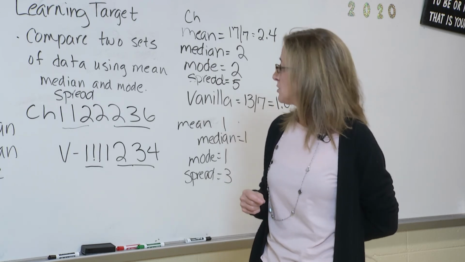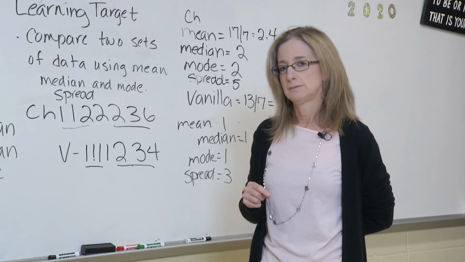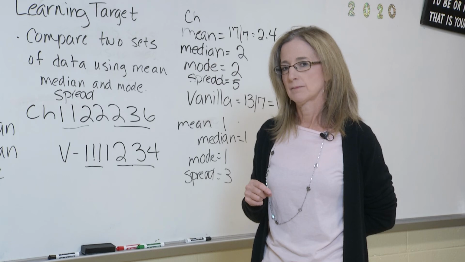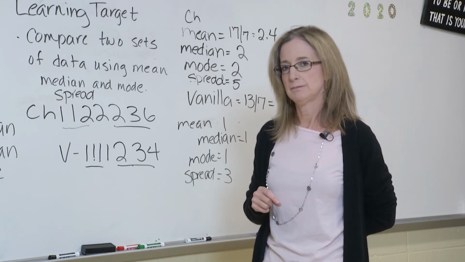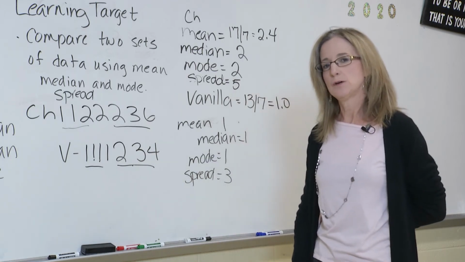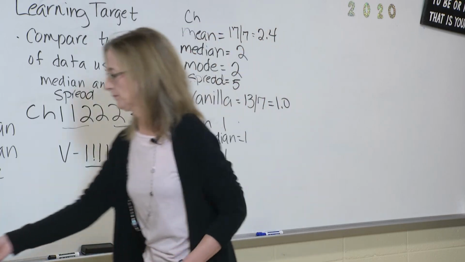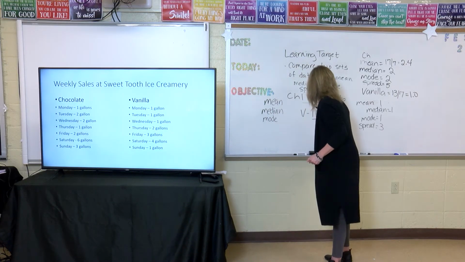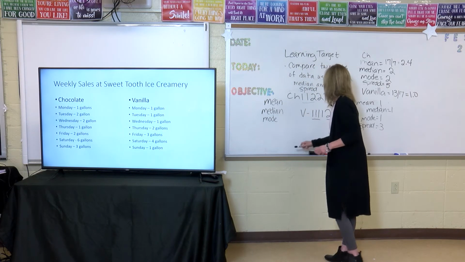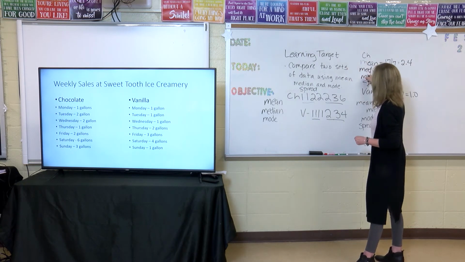Okay, let's do this. Let's set up a box-and-whisker plot. Let's see if we can do that. How do we set up a box-and-whisker plot with this data? The median is what?